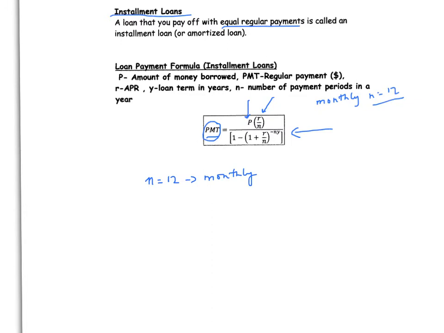Suppose we want to pay 2 times in a month, then N would be equal to 24, and so on. So N is the number of payments that we make in a year.